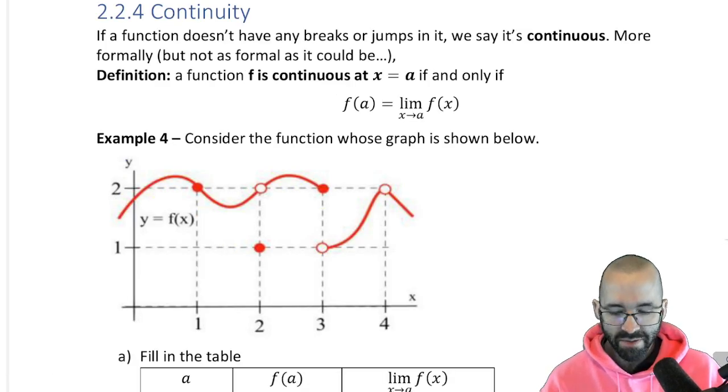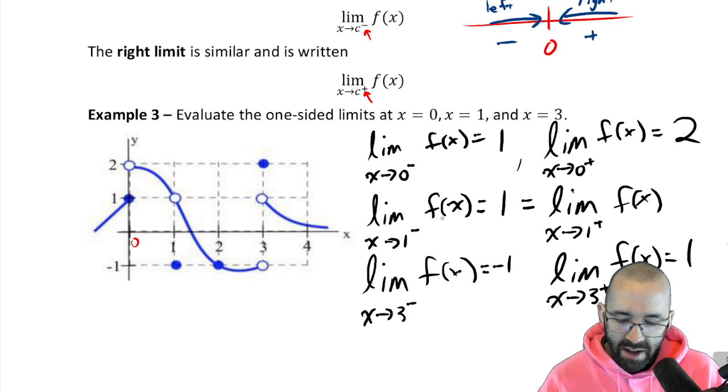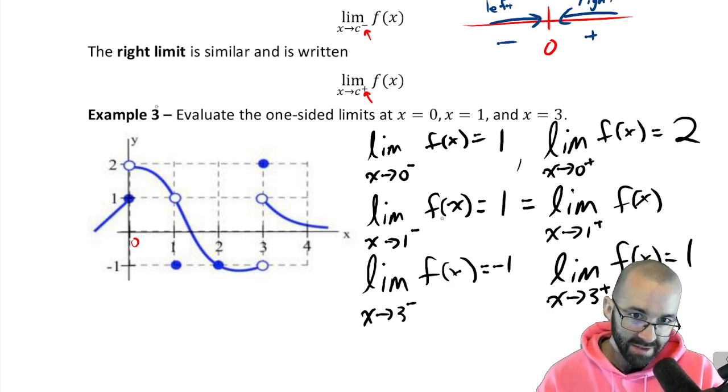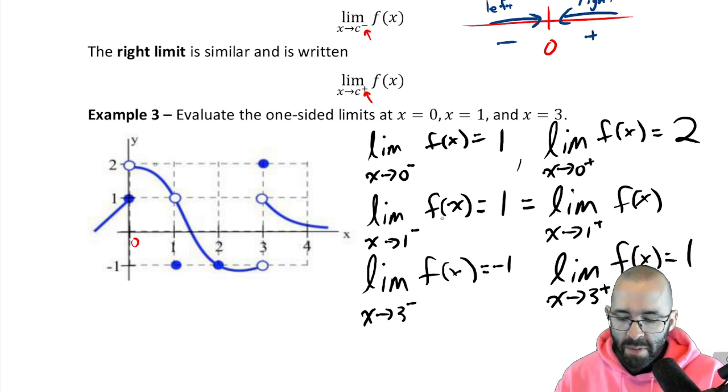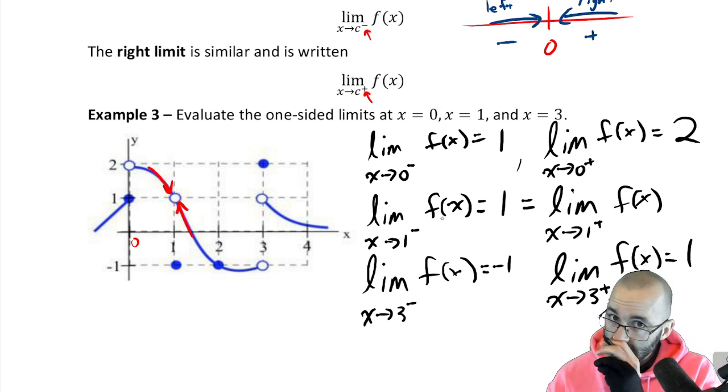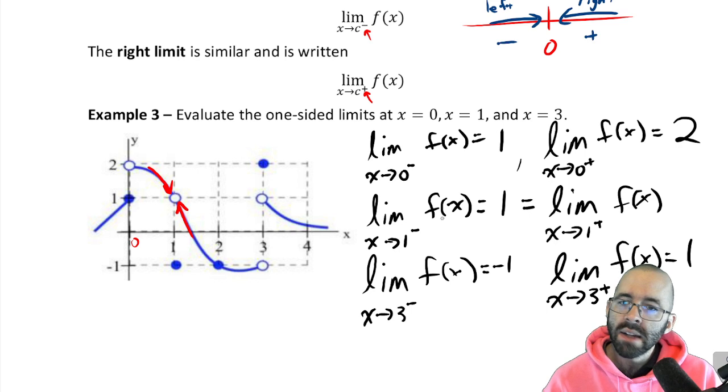The next video is interesting because remember when we talked about this sort of limit in a previous video, I said the function value being down here doesn't actually matter. The function value could be anything.